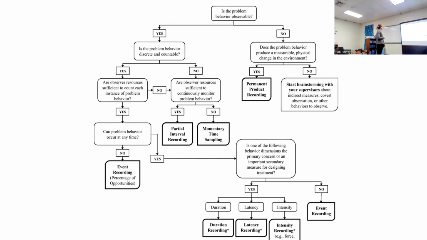And this is a really great flow chart. It's in the white book, actually, if anyone has the Cooper book.